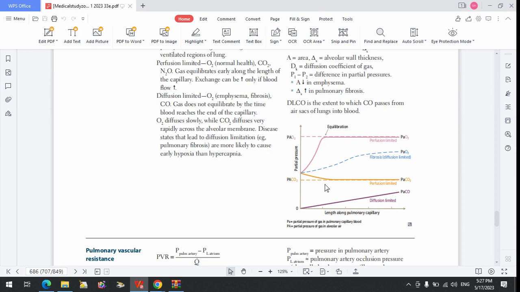Yes. So now at this starting point, the pulmonary artery, we expect the PCO2 to be high. You can see that the starting PCO2 is around 45 or 46. Now, when it equilibrates with the alveoli, does it come up or come down for CO2?